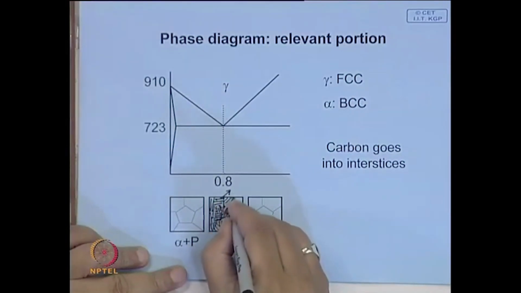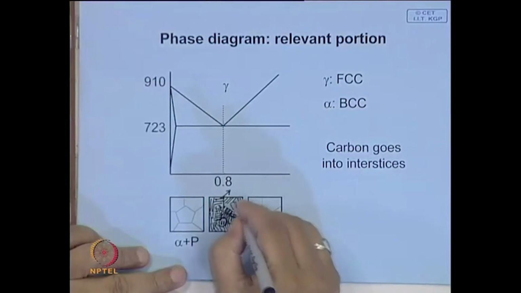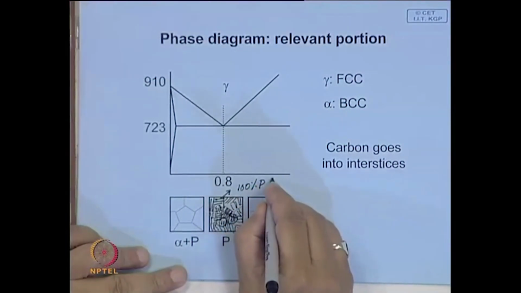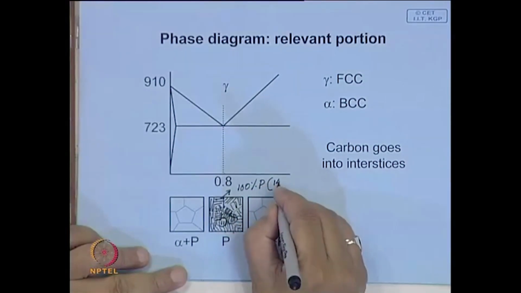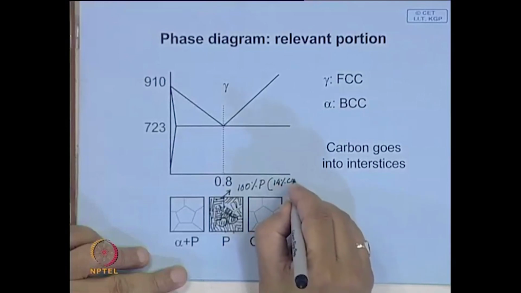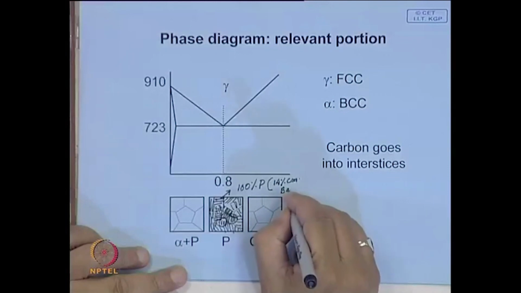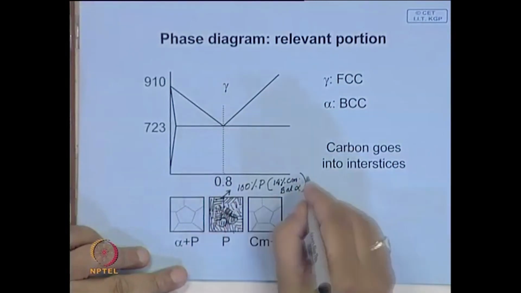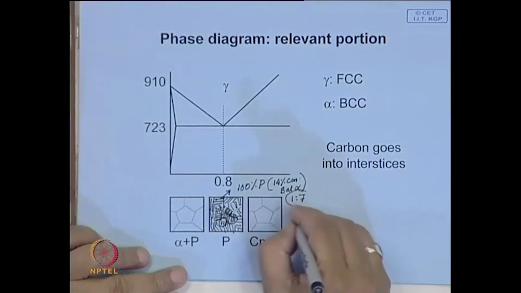So this will be 100% perlite, made up of roughly 14% cementite and the balance ferrite. The plate thickness ratio of ferrite to cementite will be around 7:1.